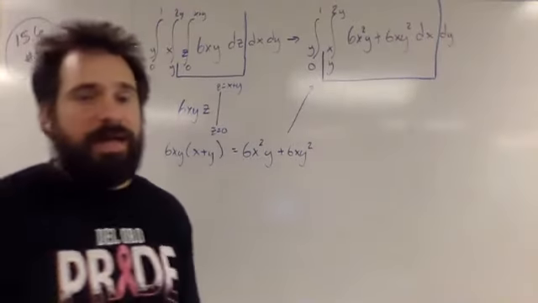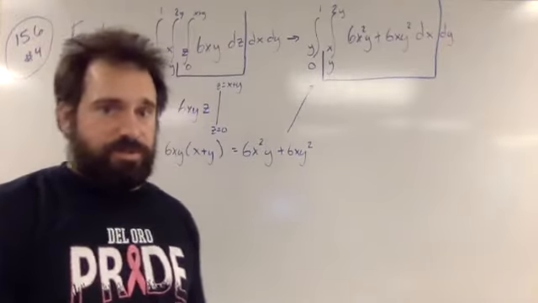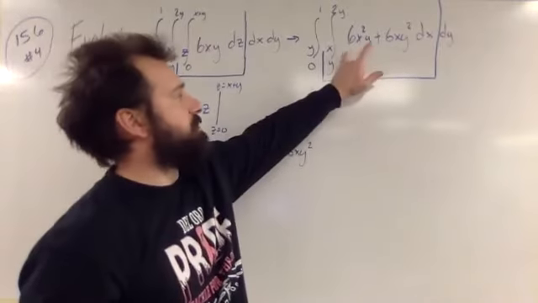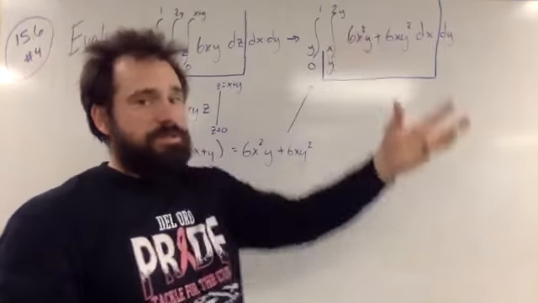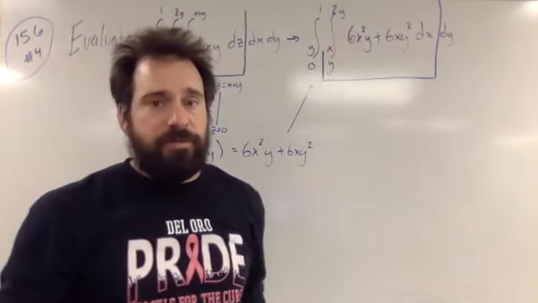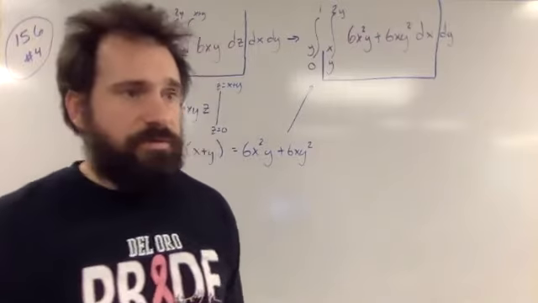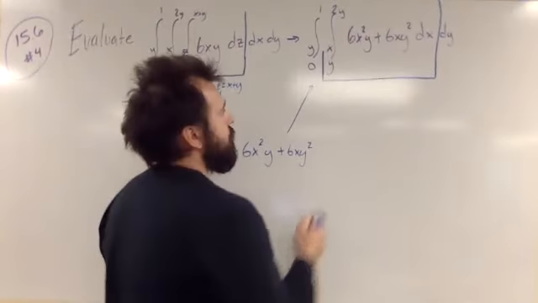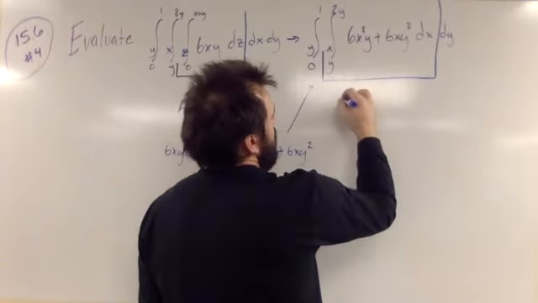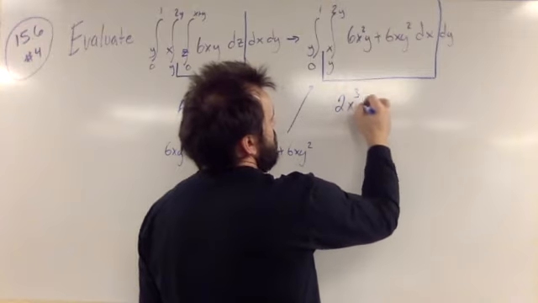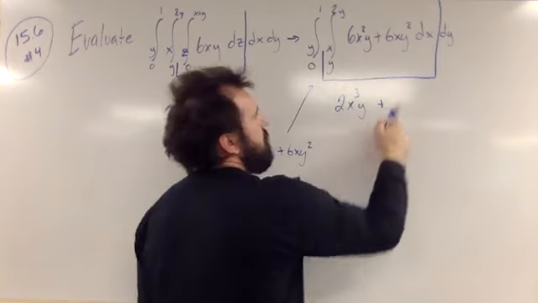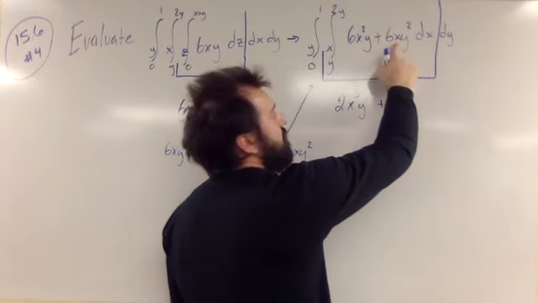When I do that, x is the variable that I'm paying attention to. So in the first component here, my 6 and my y are just constants. So I'm just finding the antiderivative of x squared. The antiderivative is 1/3 x cubed. So the 1/3 and the 6 are going to give me a 2 x cubed y plus here, now I just have an x by itself.